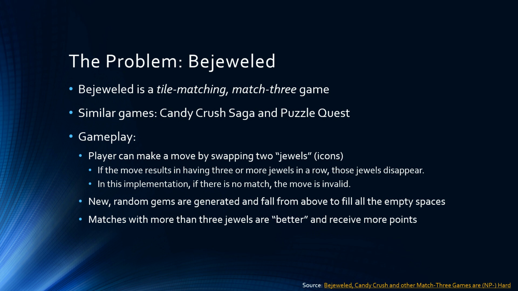And then in most cases, new gems fall from the top, as if by gravity, filling in all the empty spaces. Matches are at least 3 gems. However, matches with more than 3 gems are better and receive more points. And we see this in the fitness function of our genetic algorithm, which I'll go into more later.